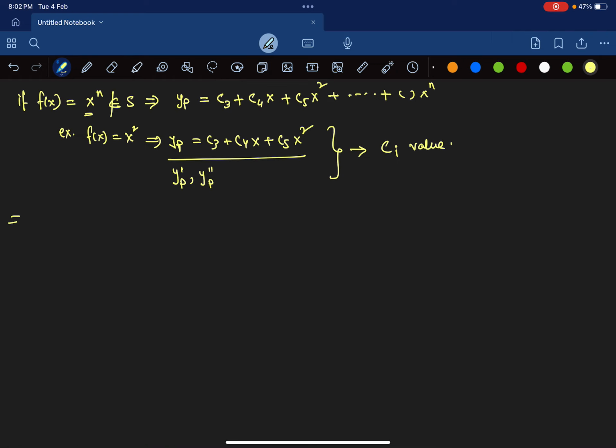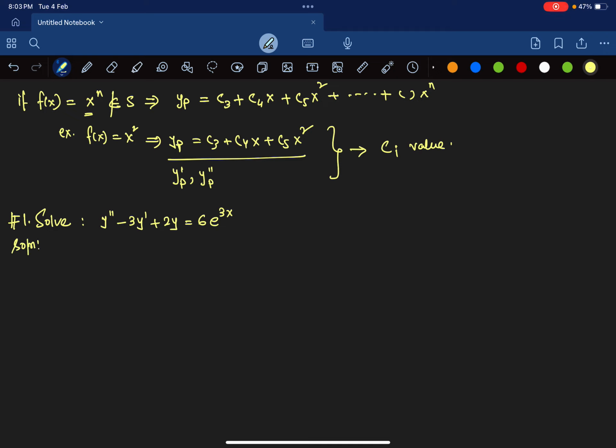Let's take the first problem. Question number 1: solve y double dash minus 3y dash plus 2y is equal to 6 e^(3x). Solve this one.